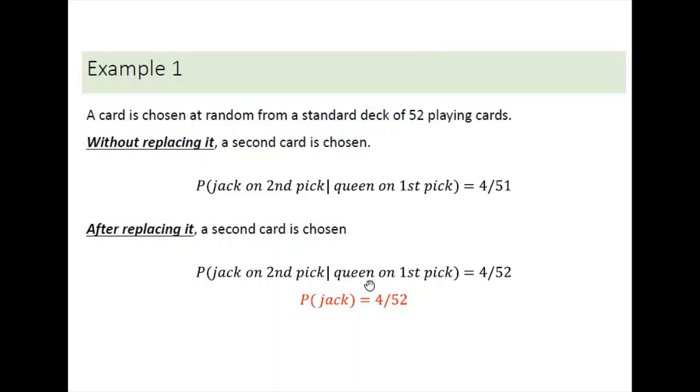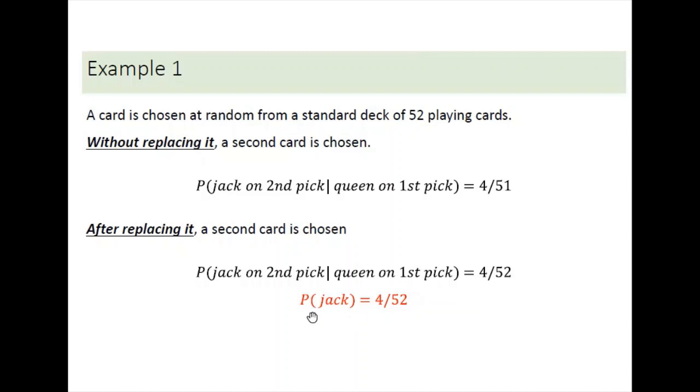After picking a queen, we put it back, and so we still have 52 cards in the deck with 4 jacks. So the probability of a jack on the second pick, given that a queen was on the first pick, is 4 divided by 52.